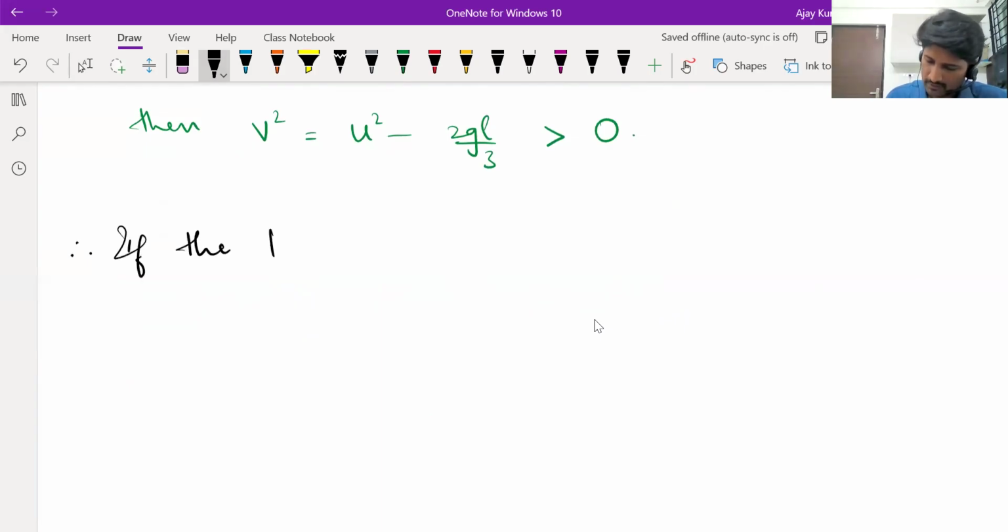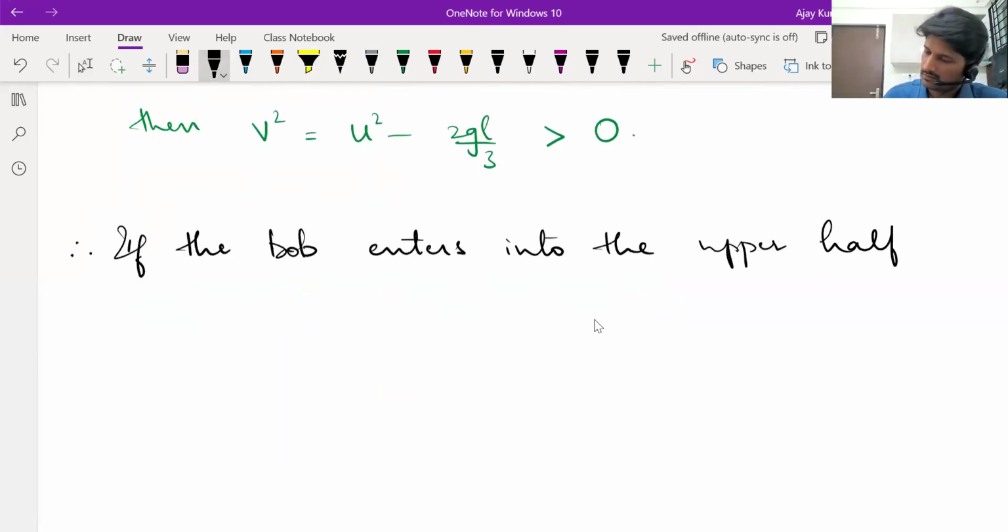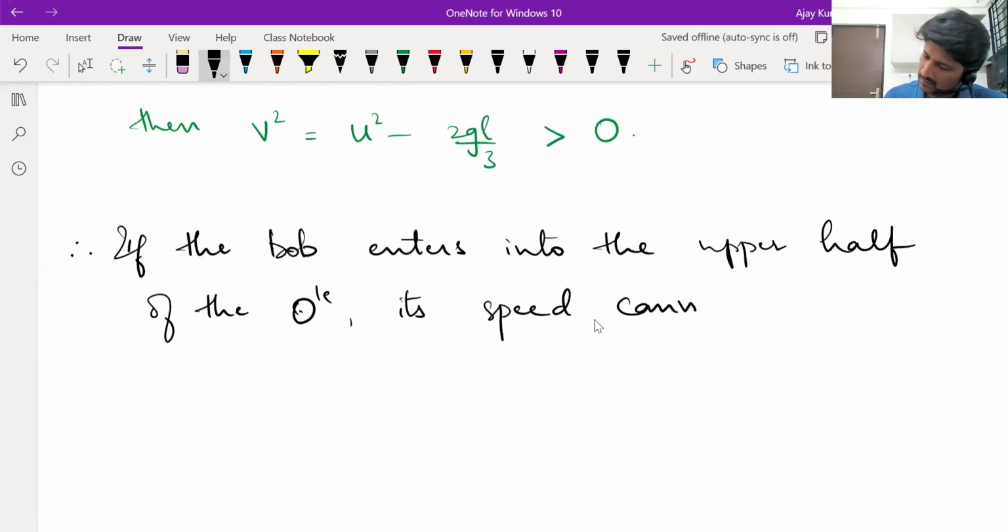If the bob crosses, or if the bob enters into the upper half of the circle, its speed cannot become 0 along the circular path.